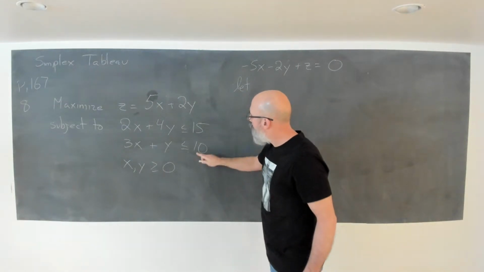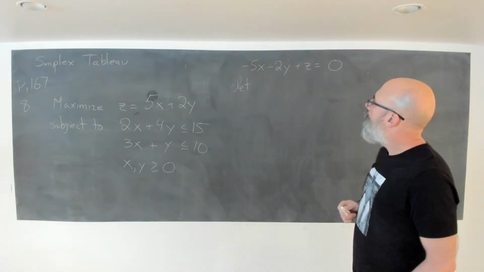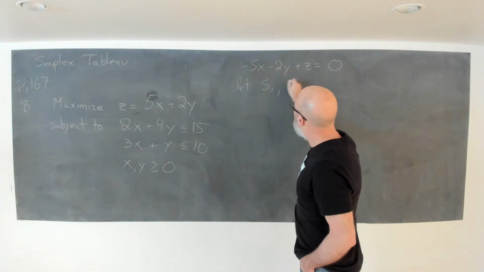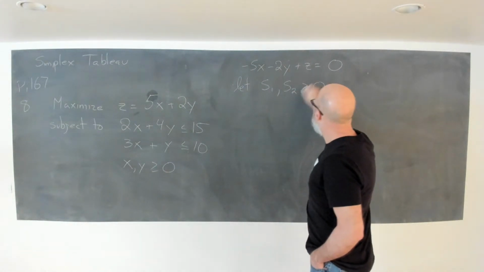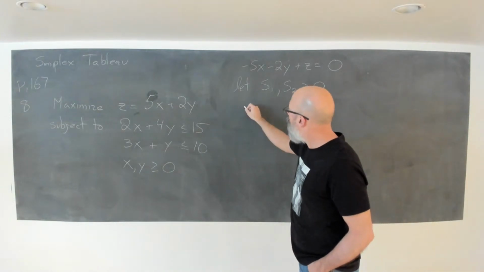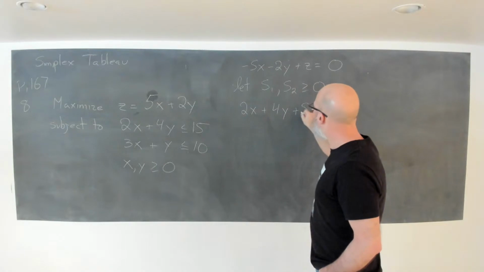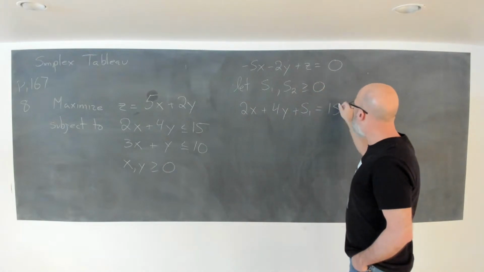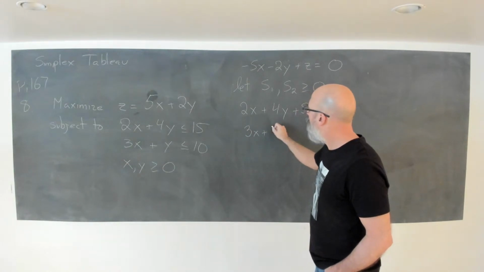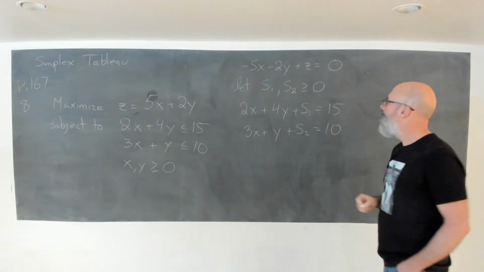So we have two inequalities. We're going to introduce two slack variables. Let S1 and S2 be bigger than or equal to 0, which transforms this inequality into an equation and transforms the other one into an equation as well.